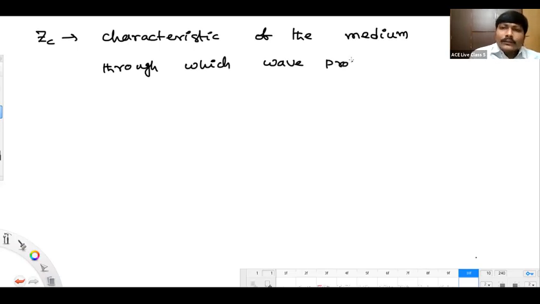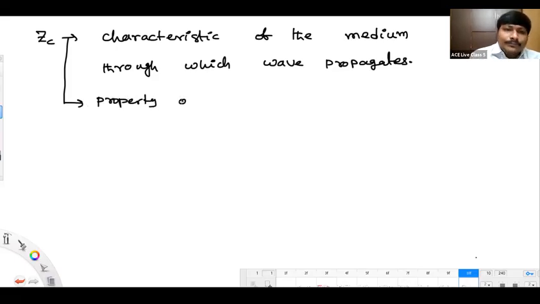Or, it's a characteristic of the medium which causes a continuous conversion of electric energy to magnetic energy to electric energy, vice versa. So it's a property of the medium. You can write characteristic or property, both are the same.